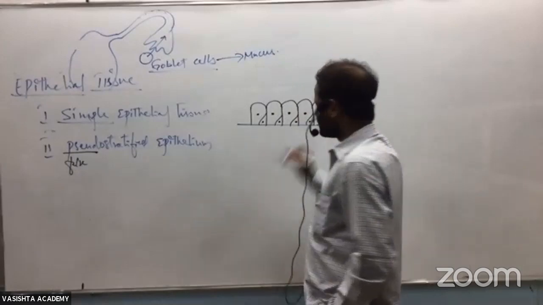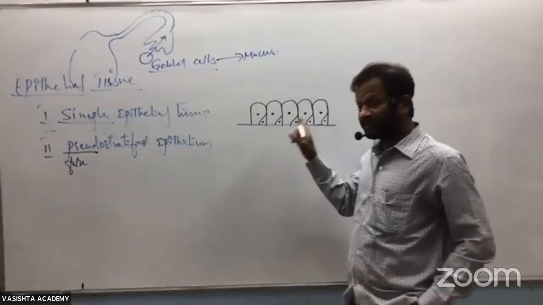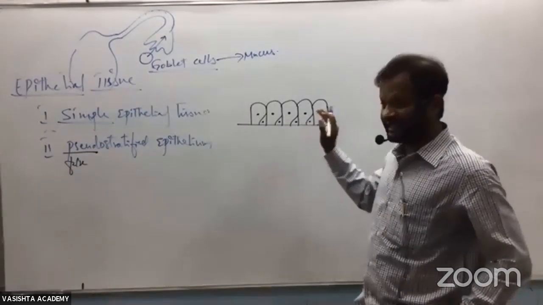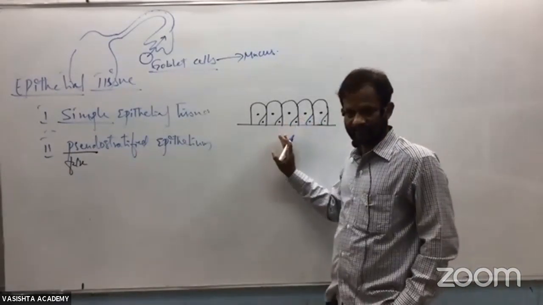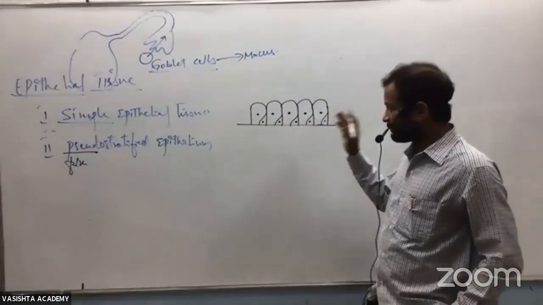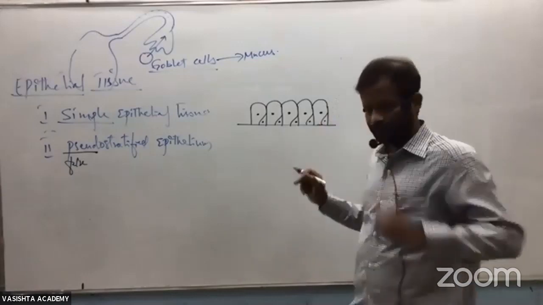Now you see this diagram. If I ask you, cells are present in how many layers? Some people, this will give a false image. The false image is, some people by seeing this will answer 2.